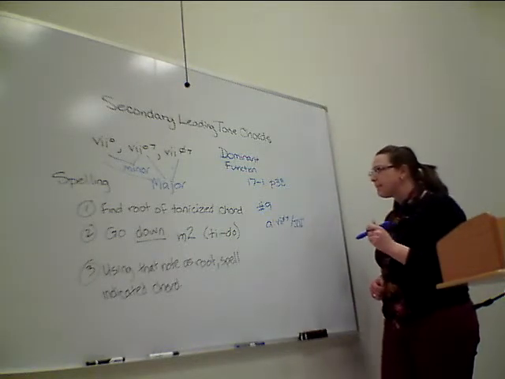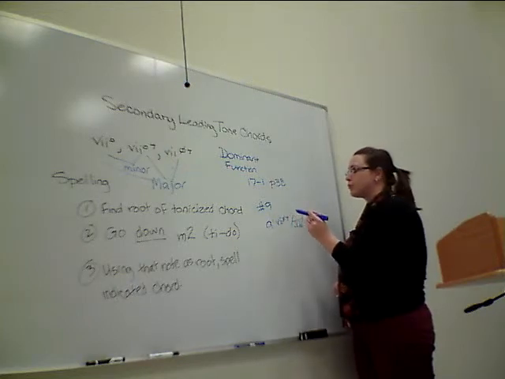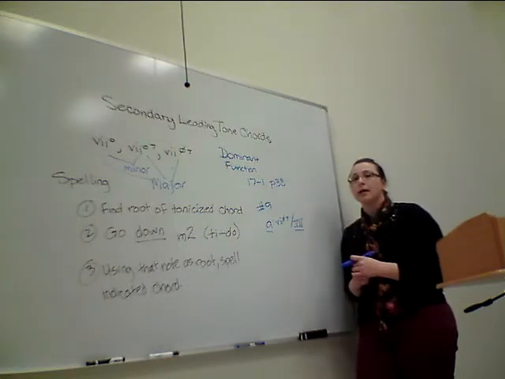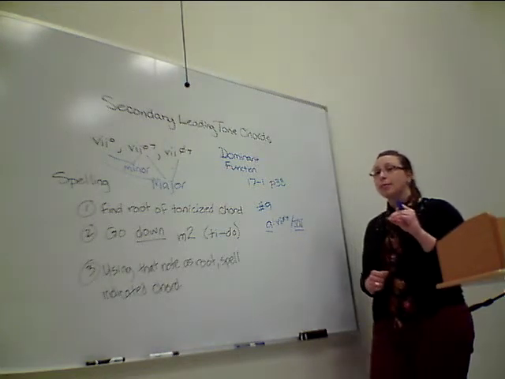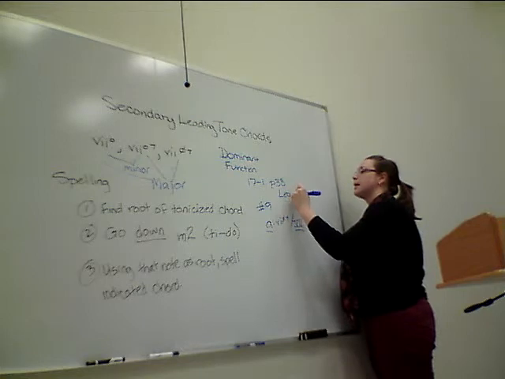So first thing that we need to do is figure out what the root is. So what is the root of 7 in A? This is where you need to remember that crucial difference between leading tone and subtonic.